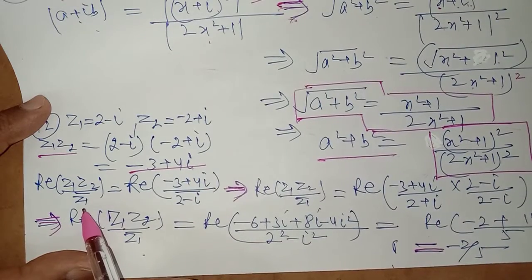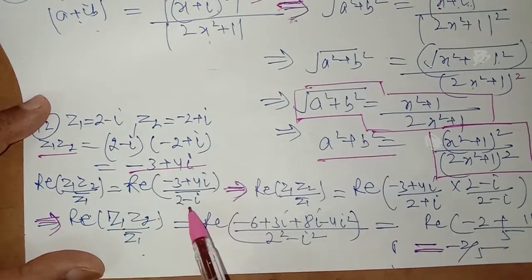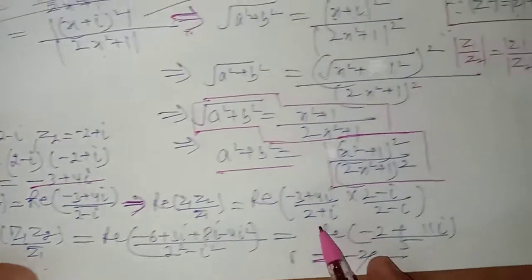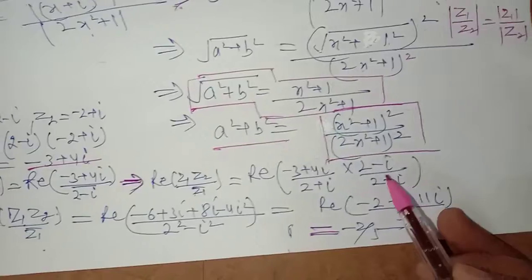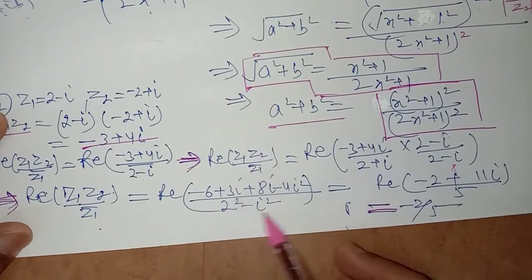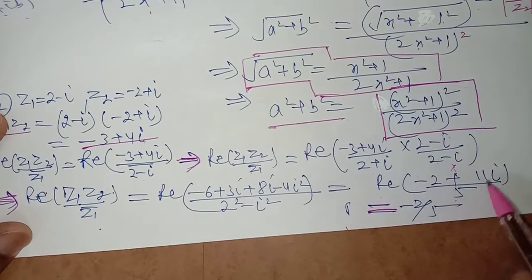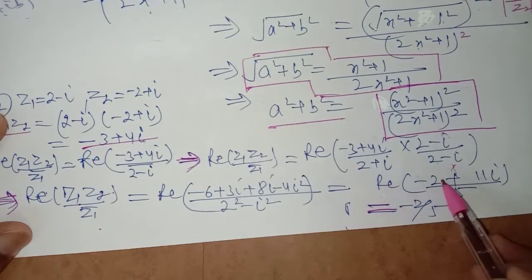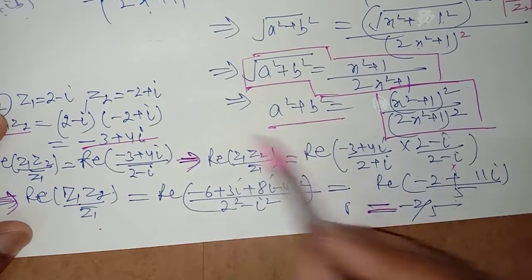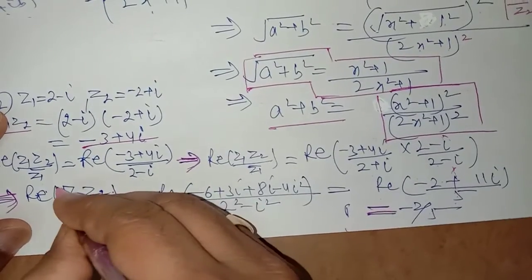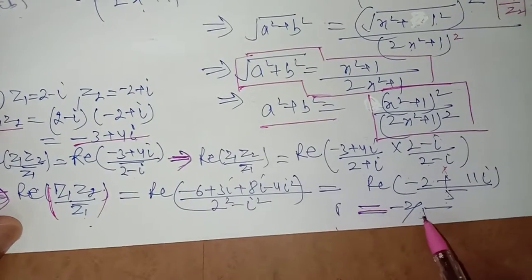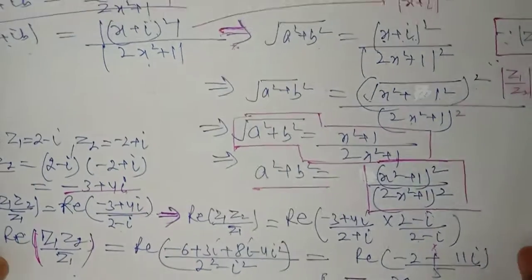Conjugate of z1 will be 2 plus i. Rationalize the denominator and convert it into the standard form: minus 2 upon 5, 11i upon 5. The real part of this will be minus 2 upon 5. Simply you have to replace the values of z1, z2 and z1 conjugate, and you will get the real part of this expression.